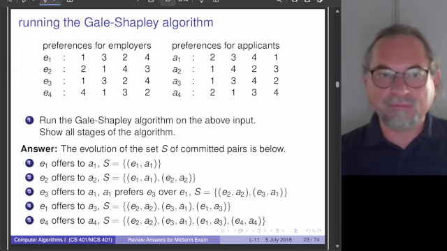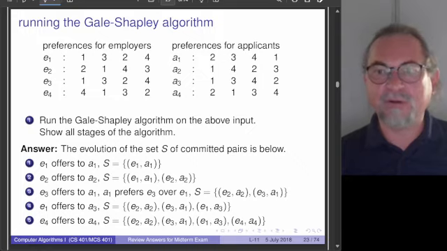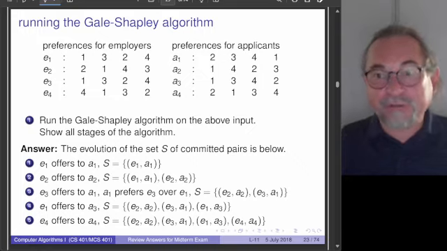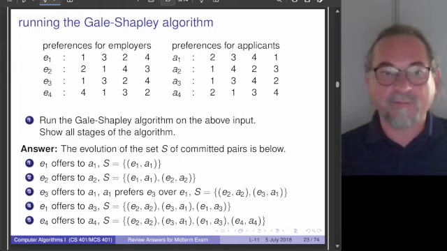But here, first employer has a preference for first applicant. First applicant must accept because it has not received an offer. Same case with the second employer who offers to applicant 2 who is not committed.